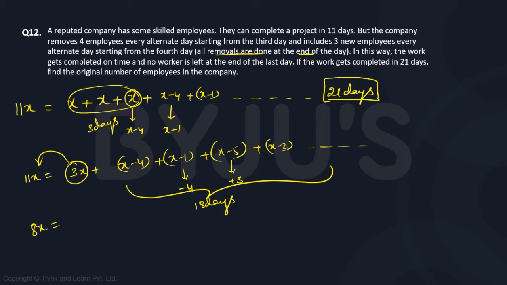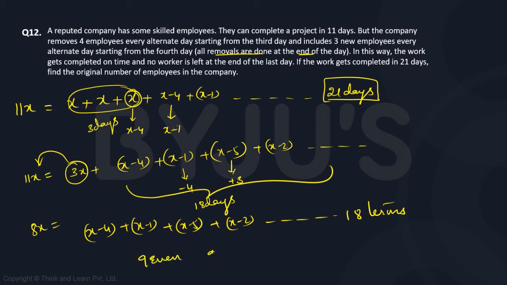So I have a series of x minus 4, x minus 1, x minus 5, x minus 2, up to 18 terms. You can clearly see that there will be 9 even terms and 9 odd terms, and the series will be ending with an even term.